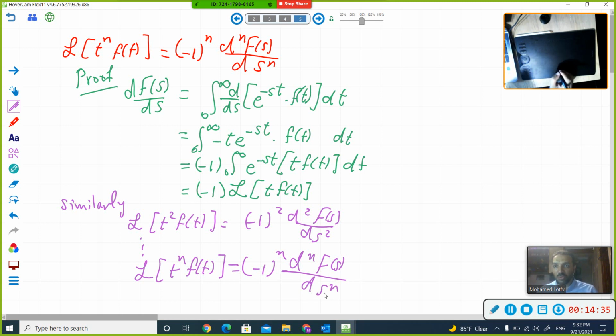So from now on, if you see this expression, a function whose Laplace transform you know, and this function is pre-multiplied by t to the power n, just put (-1) to the power n, where n is the same exponent of t, and take the nth derivative of your known Laplace transform of your original f(t).